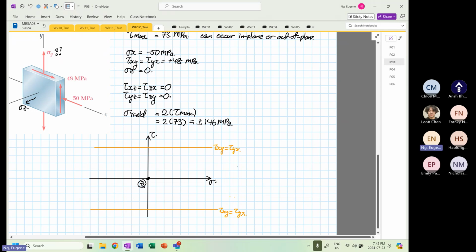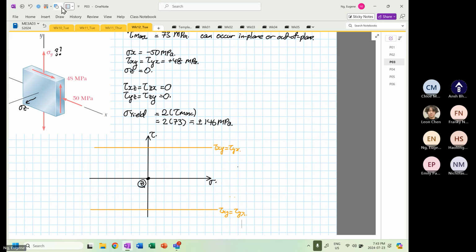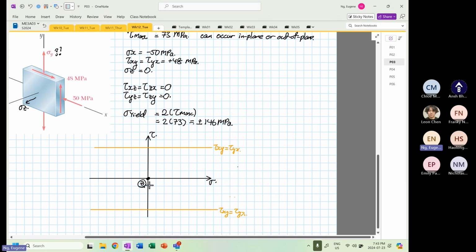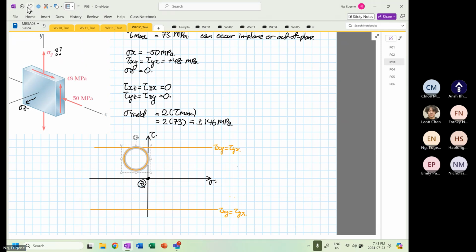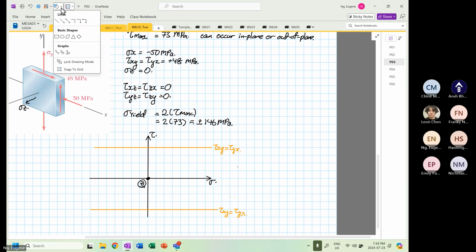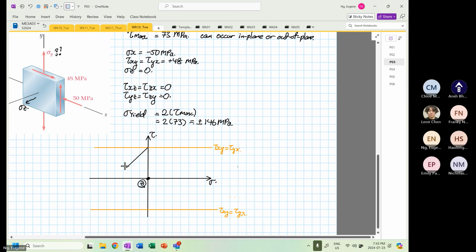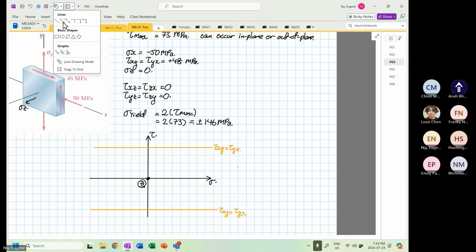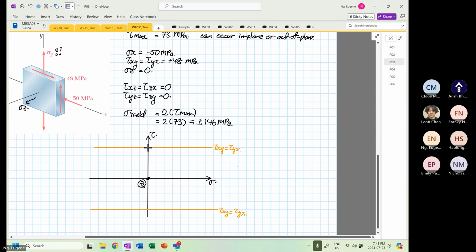Then if we were to draw one of the circles, it has to touch point X. So this is one of the circles.